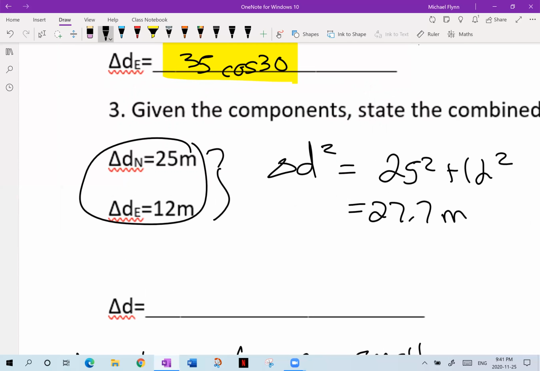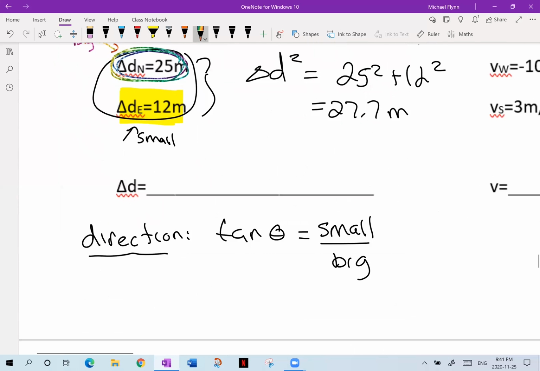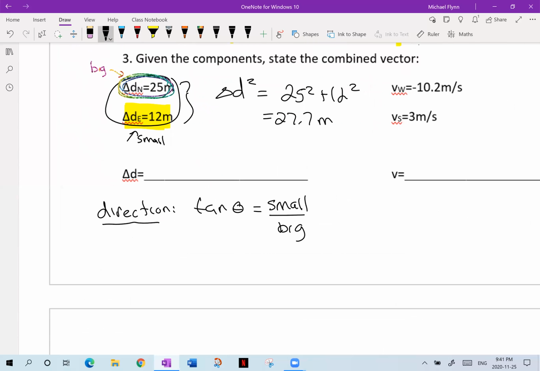Well, the east component is small, but the north component, which I'll circle with a rainbow here, is big. So I'm going to put small over big. I'm going to put 12 over 25. And I'm just going to take note that the top one is east. The bottom one is north.